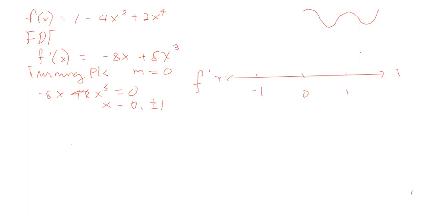Now, we find a value to the left of negative 1. So let's say we choose negative 2. So we compute for that. We shall have negative. We care only about the sign. We call this sign diagram.